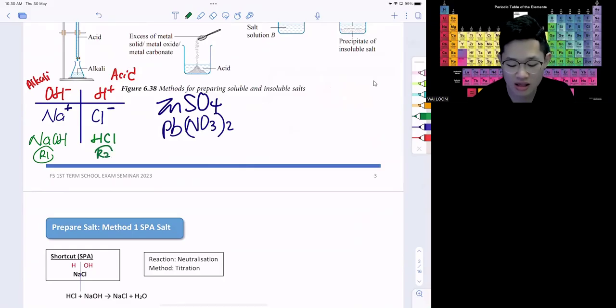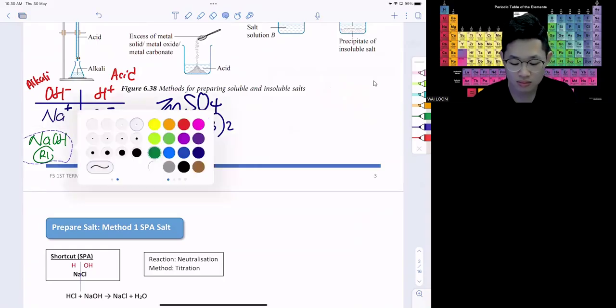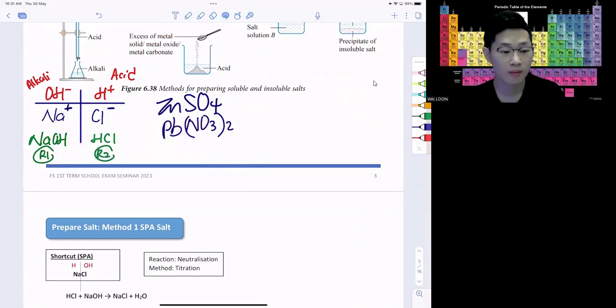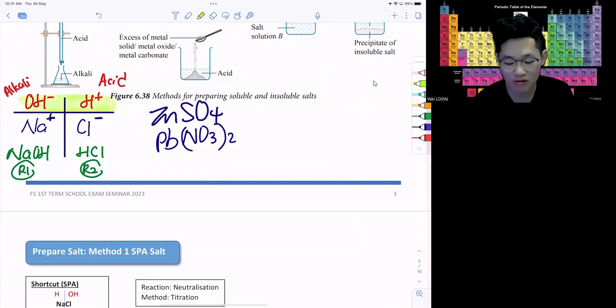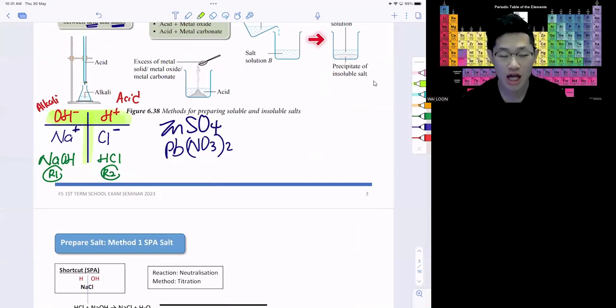This is my reactant 2. Yeah, understand? So this is our very first cross for the soluble spa salt. Okay.